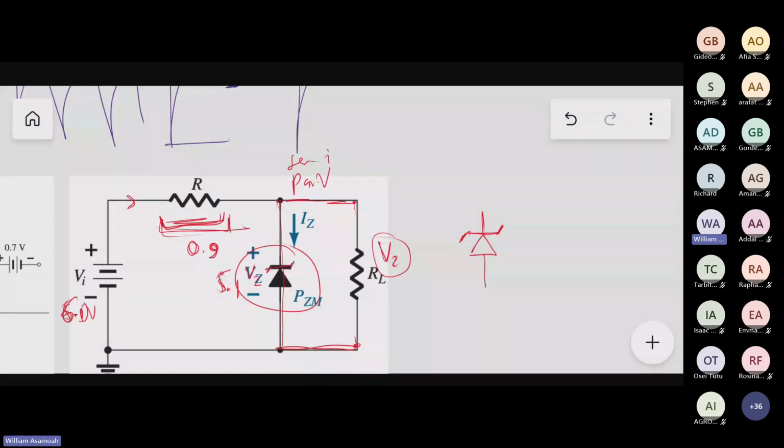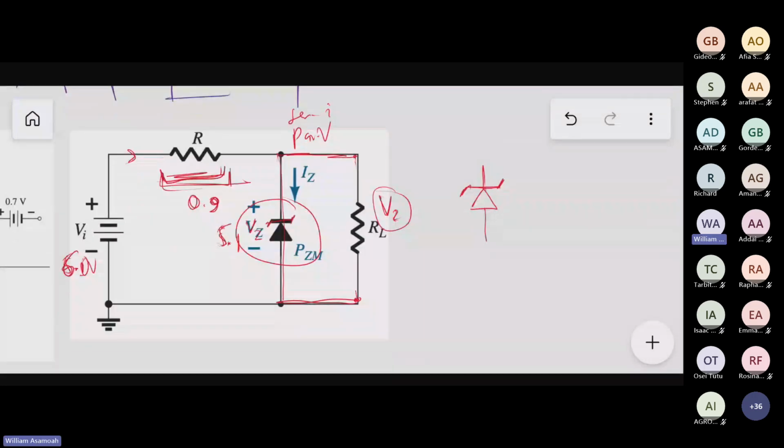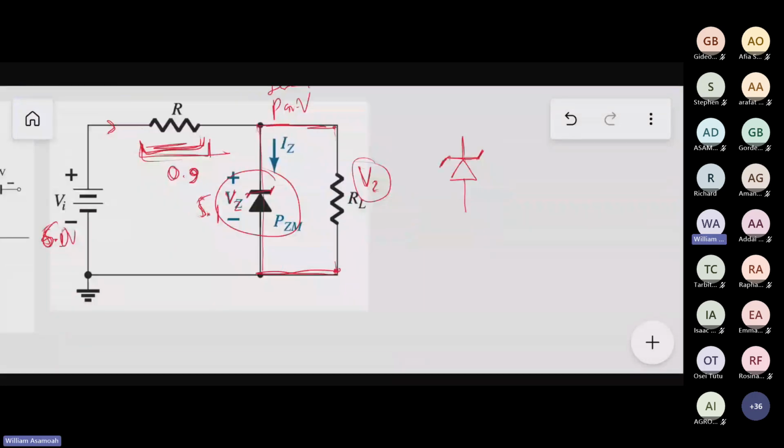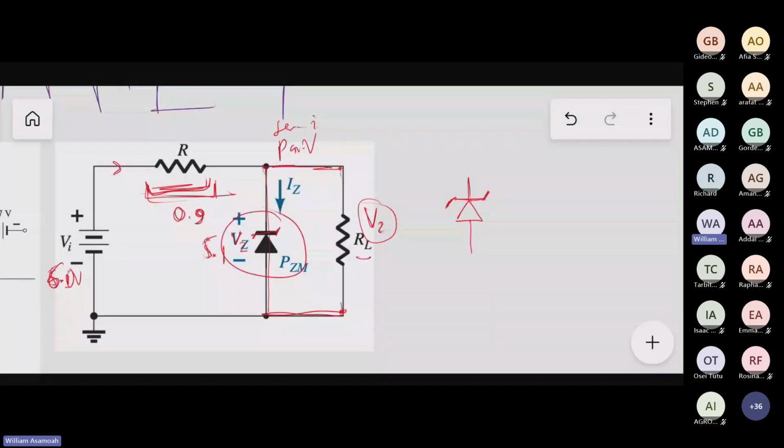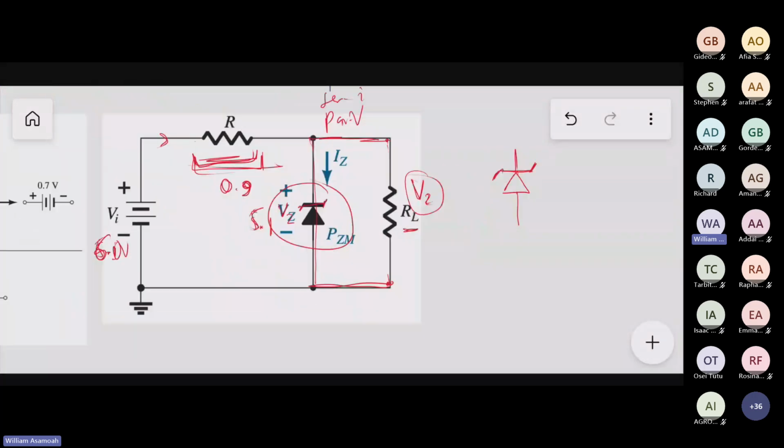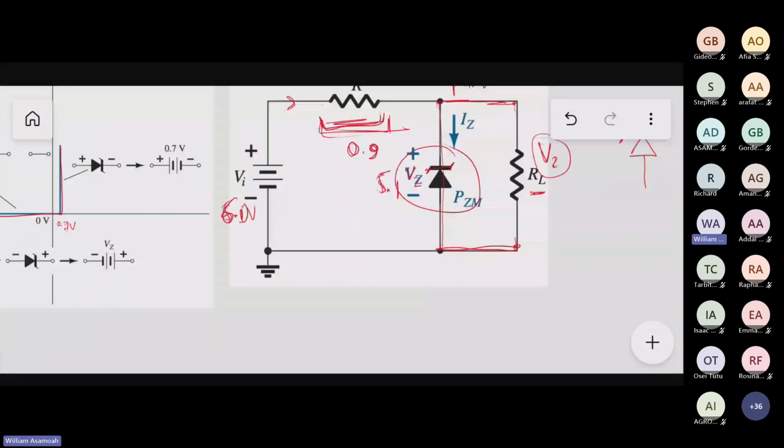That means if I connect any load in parallel to that Zener, then when it starts conducting and stays at 5.1, even if the input is changing, the load will still see a constant 5.1 volts. And that is the advantage of the breakdown voltage of diodes.